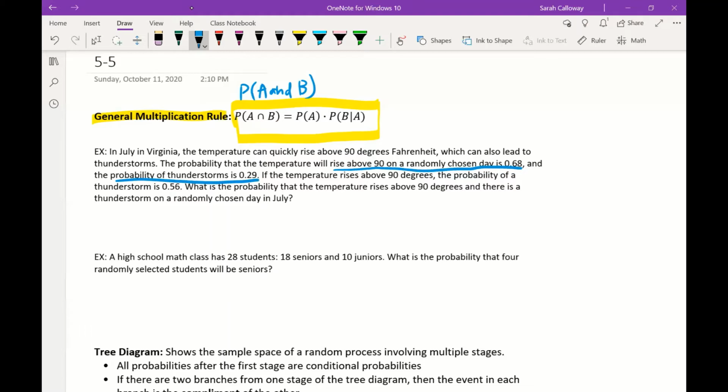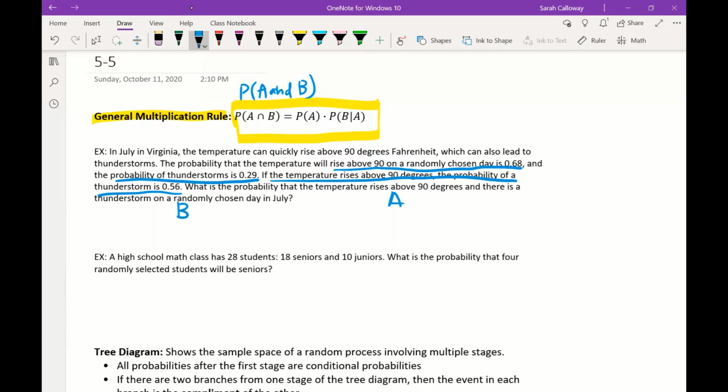If the temperature rises above 90 degrees, the probability of a thunderstorm is 0.56. Okay, so we have three different probabilities. Let's look at what they're asking. What is the probability the temperature rises above 90 degrees? I'm going to call that event A, and there's the thunderstorm on a randomly chosen day in July.